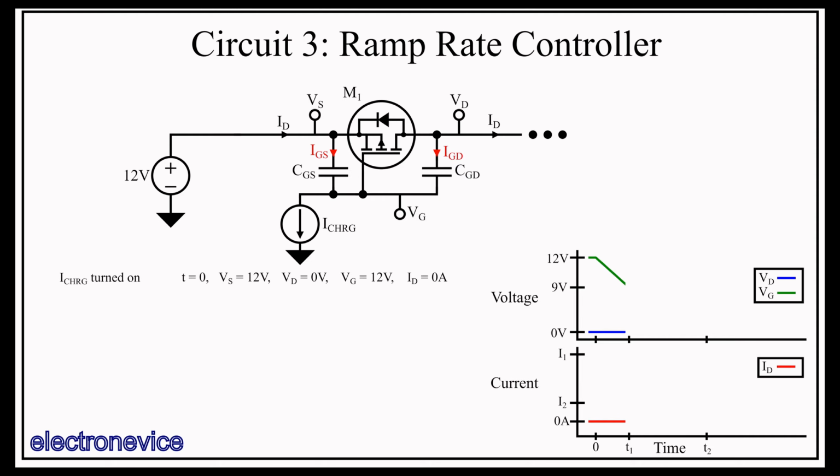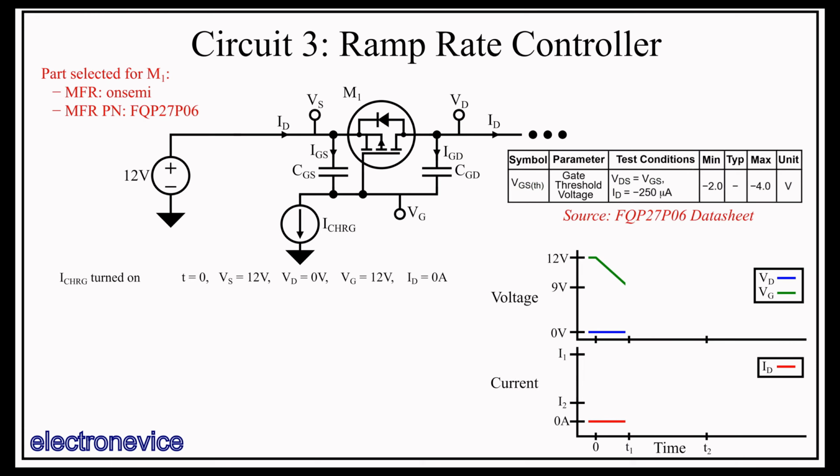In order to determine what happens next, we need to get the gate threshold voltage of this part. This part I've selected for this circuit is onsemi's FQP27P06, which has a range of -2 volts to -4 volts for VGS threshold per its datasheet.